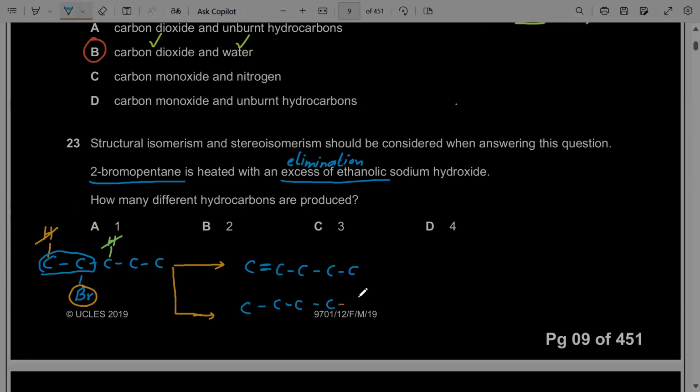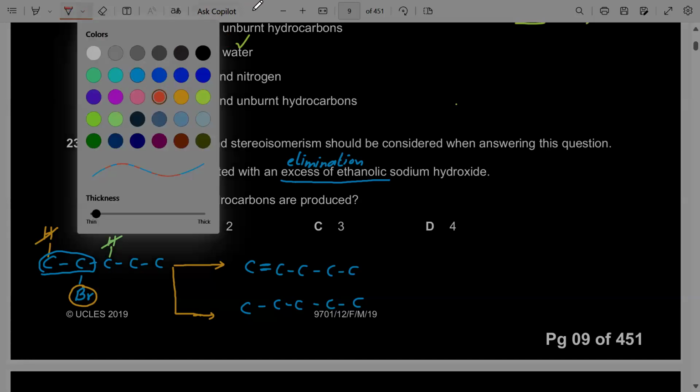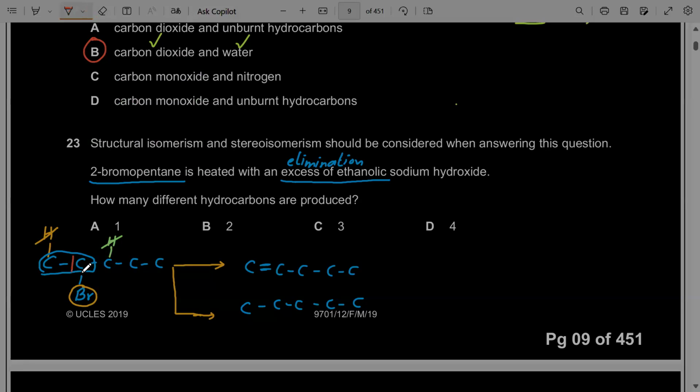carbon, 3, 4, and 5. So 5 carbon atoms, and then the indication of the double bond. Now in this case, the double bond will be there between these two carbon atoms because we have removed bromine and hydrogen from here.